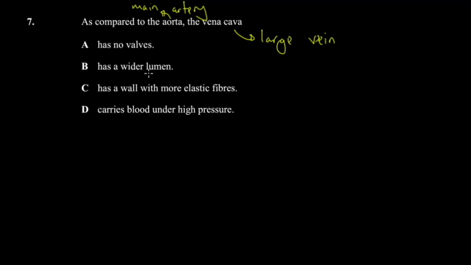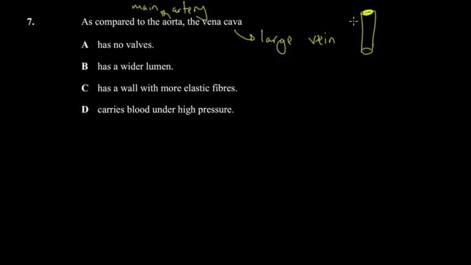So the large vein has to have a wider lumen. Lumen simply means, any time that we have a tube, say this is a tube, the lumen is the inner part here. So the inner part is called the lumen. Let's say an artery will be filled up so much, and then you'd be having some space there which is very thin.